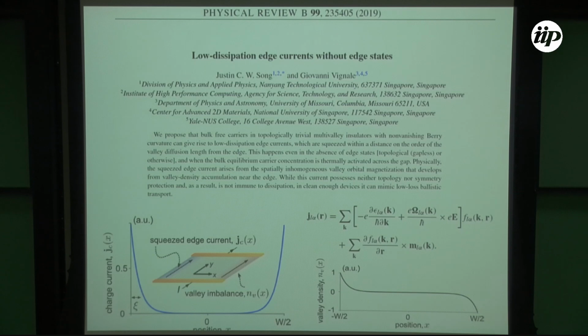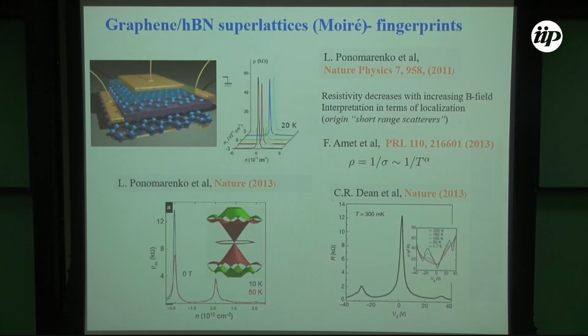So there is still a debate about the interpretation, and I'm just pointing out, I will not enter into the detail, but this is a very recent work of Song and Vignale, where they find a kind of edge state in the bulk, which is a bit difficult for me to understand, but yeah, they have some arguments and an alternative interpretation of all this.